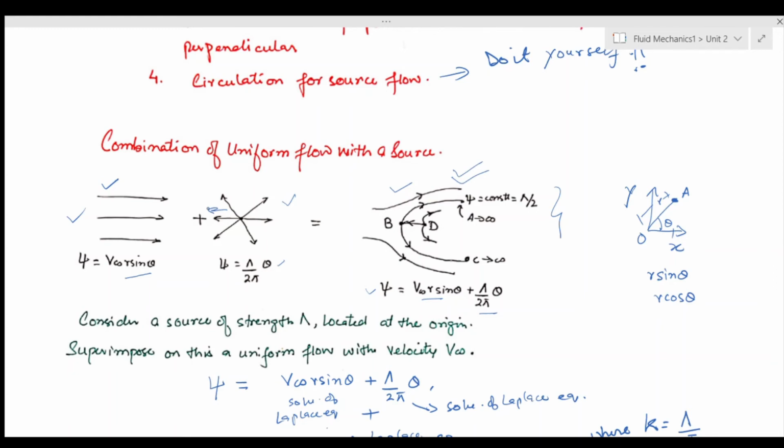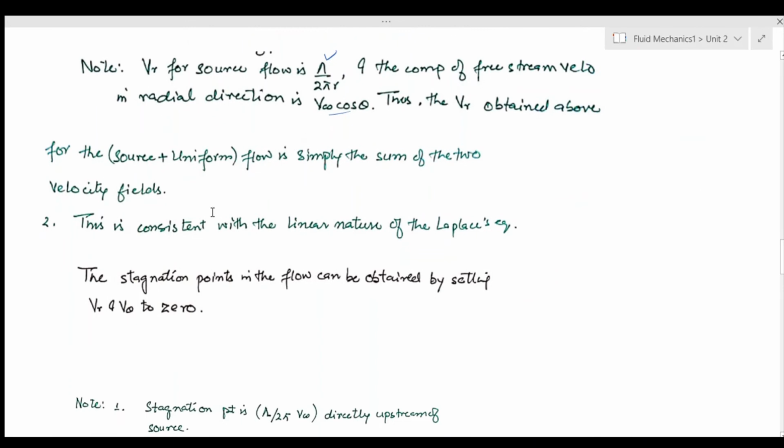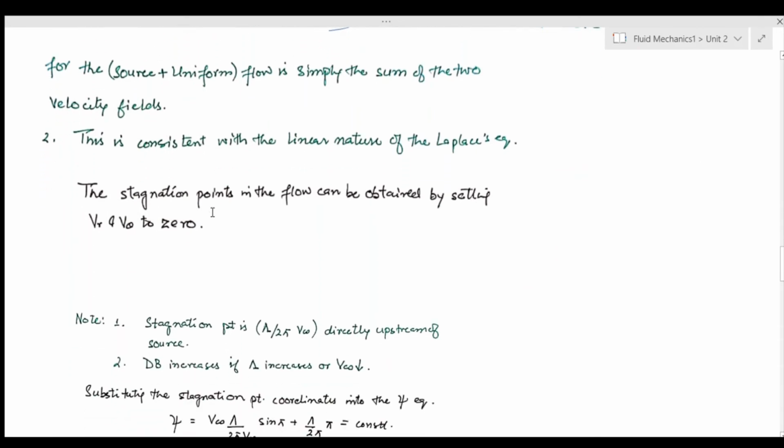If I combine these two, there would be some locations where velocity would be zero, and those locations would be known as stagnation points. Stagnation points are the points where velocity would be zero, and those are the points which we need to find. The stagnation point in the flow can be obtained by setting Vr and V theta to be zero.